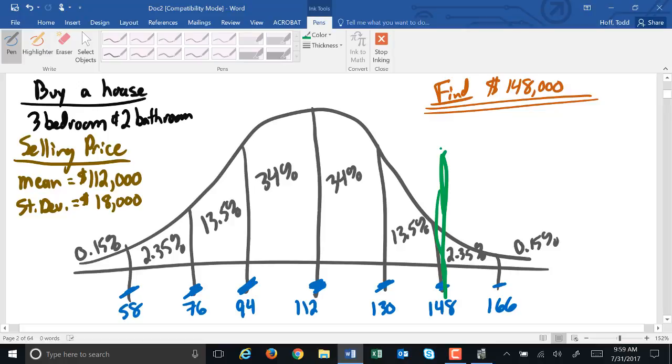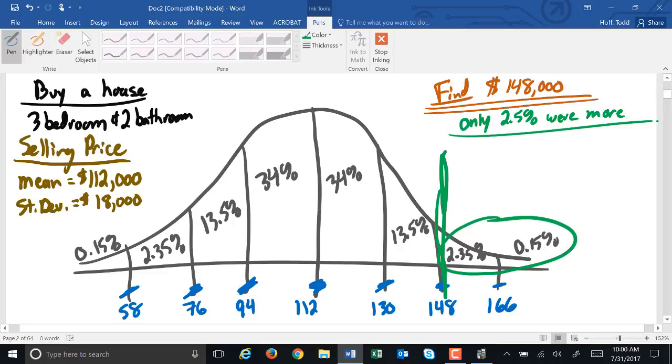There are two ways of looking at this. If I add together those 2%, I can say only 2.5% of 3-bedroom, 2-bathroom houses in that area have sold for more than 148,000. So that's telling us that this house is kind of expensive.